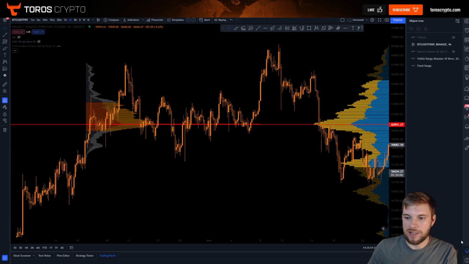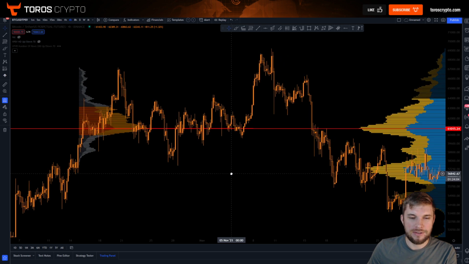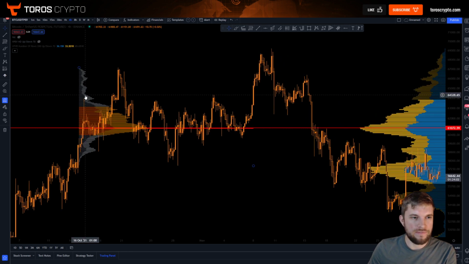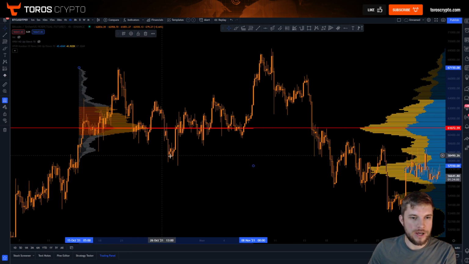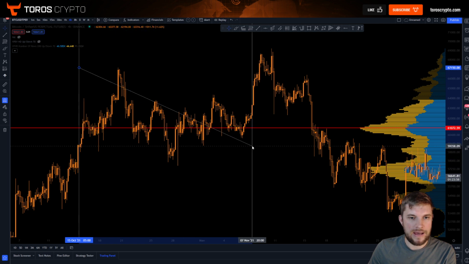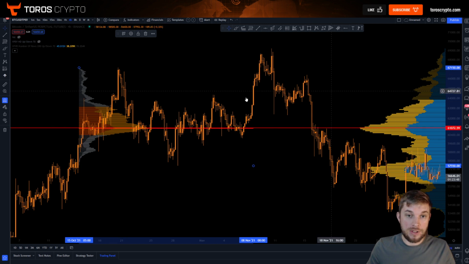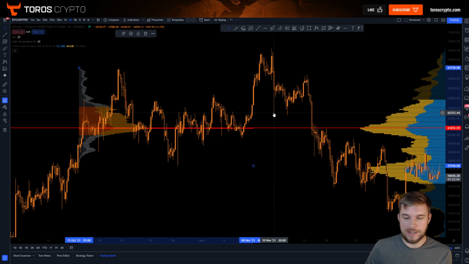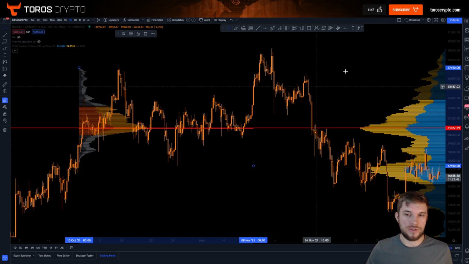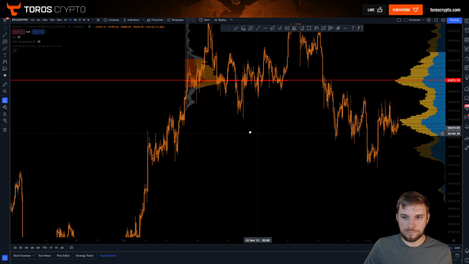No matter what kind of tool you like, you can see here both our fixed range, where we have chosen the start point as this being our range, and our visible range, because this is the area of the chart that we're looking at, have given us pretty much the same value as our point of control. So there's really nice confluence between the two indicators that we're using, whether you're using the fixed range or the visible range.